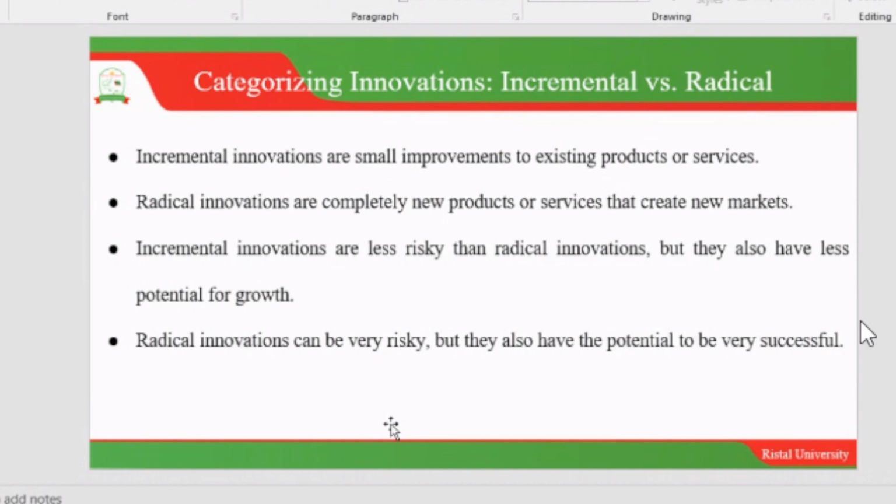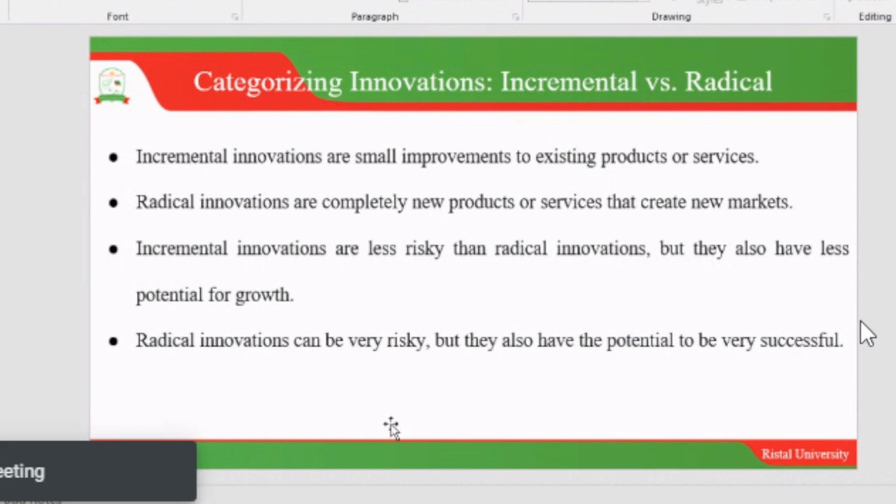But basically, when you see it, it is always like the old iPhone, but with a few changes. So that will be an incremental innovation. They haven't changed the original iPhone, but they have made slight improvements.